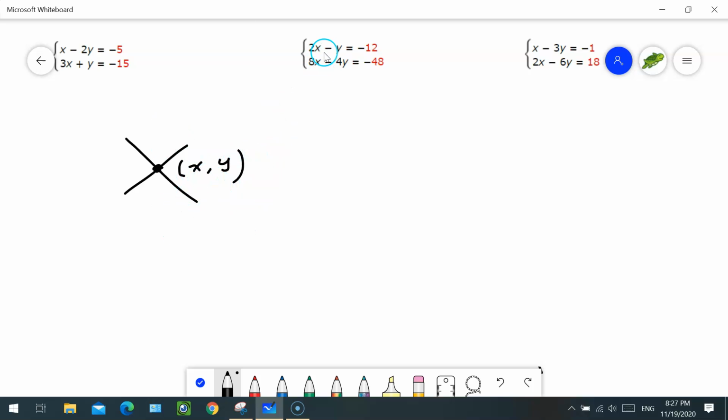If the solution you solve gives us 0 equals 0 or 4 equals 4, that means these two lines overlap. x and y overlap everywhere.